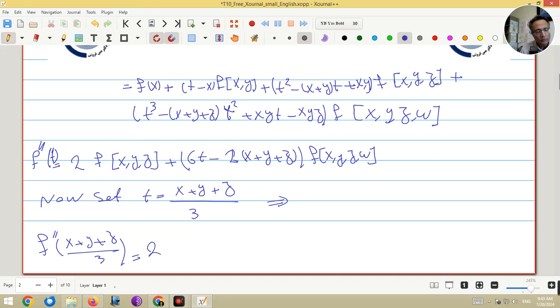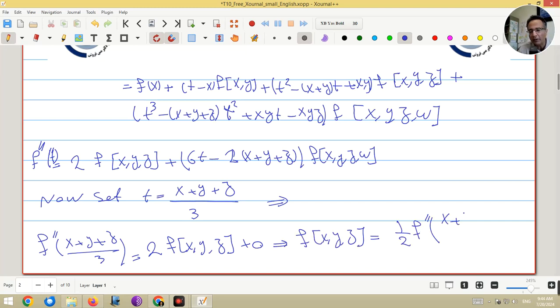Now put f of x, y, and z, and also this term, if I consider t equal to x plus y plus z over 3, this term vanishes. Okay, so it is plus 0. And this gives f at x, y, and z is equal to 1 over 2 f double prime at x plus y plus z over 3, and this completes the proof of the problem.